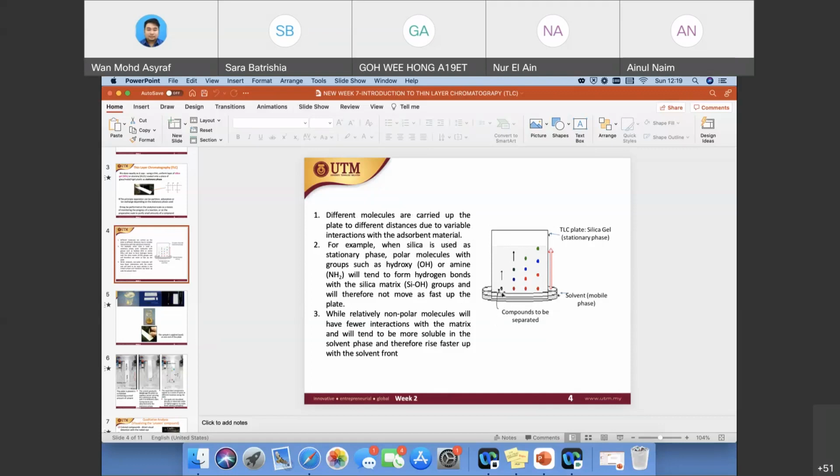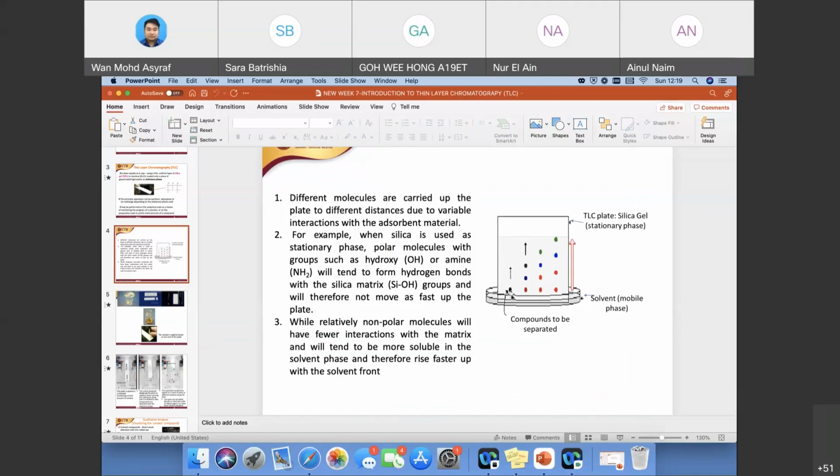So now you look here. The first dot here, the black dot, is your sample, and then you have your solvent down here, which is your mobile phase, and your stationary phase is the silica gel, the TLC plate which has the silica on top.